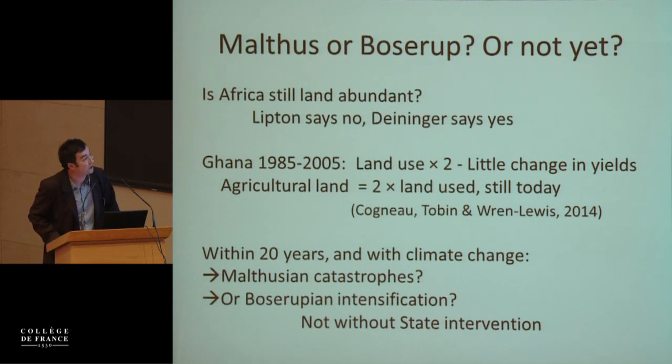So in a recent work, we try to look at this issue of the Malthusian constraint by focusing on an individual example again, the case of Ghana.